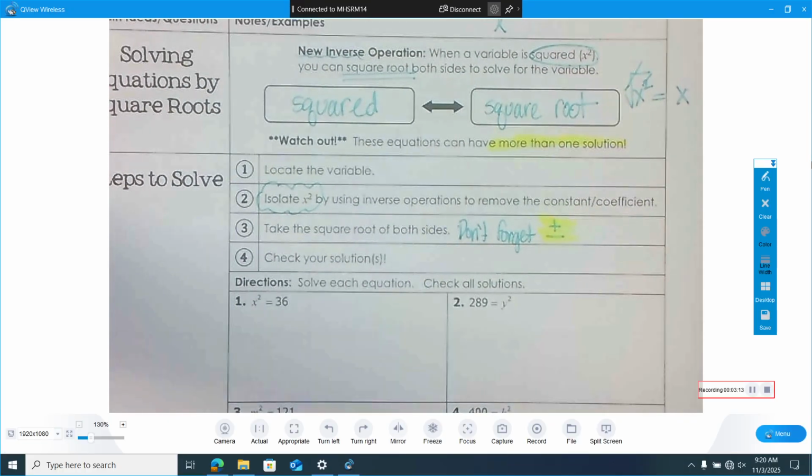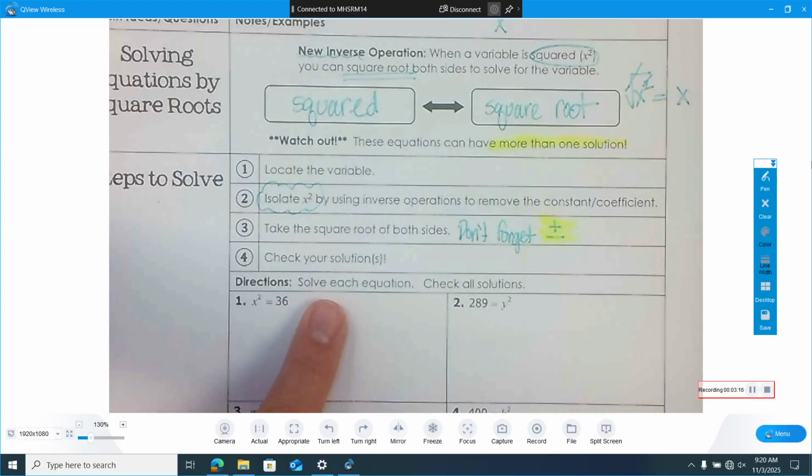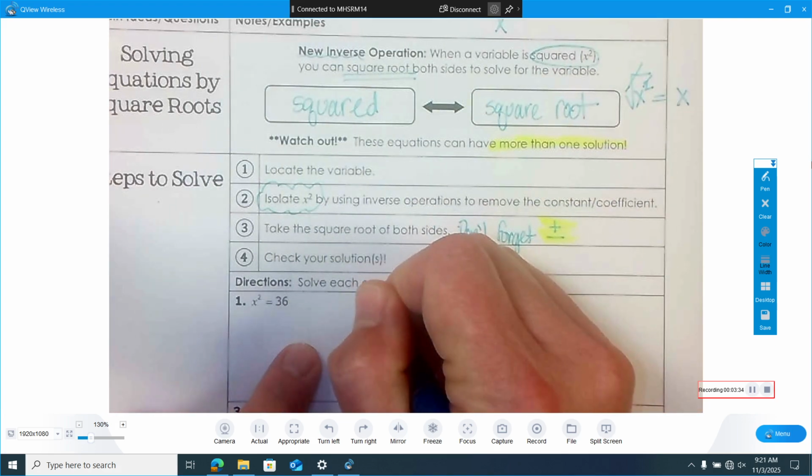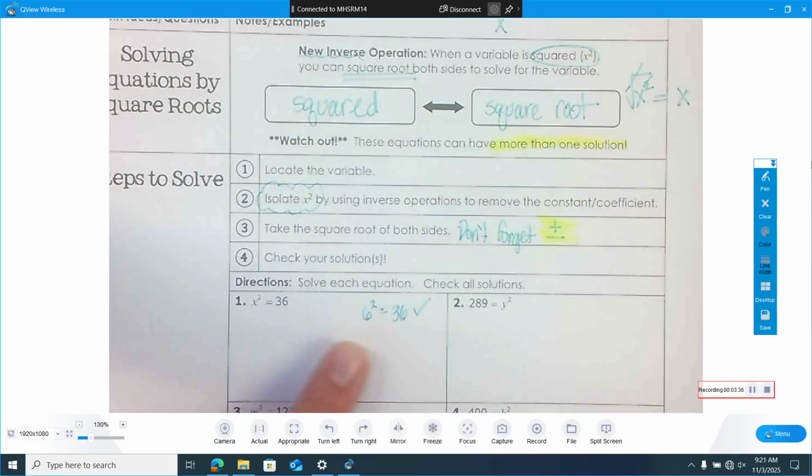Just to get started here, we've got some really easy ones. You want to solve each equation and check your solution. When I look at this equation, there's a couple ways you can think about it. You can say, what number squared gives you 36? 6. 6 squared gives you 36. That is true, but that is not the only solution.